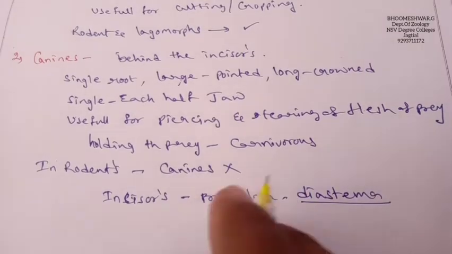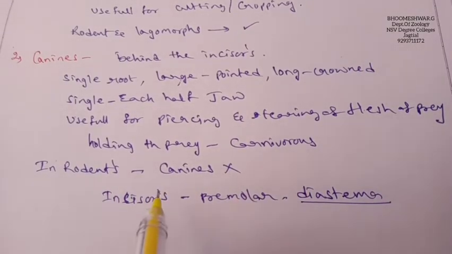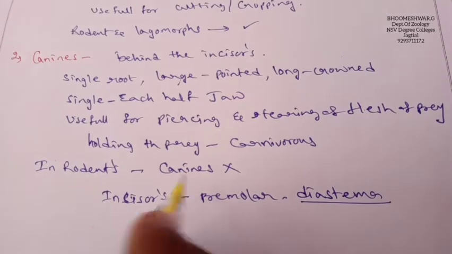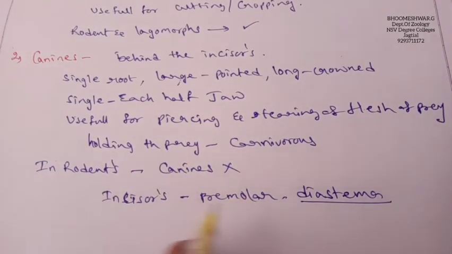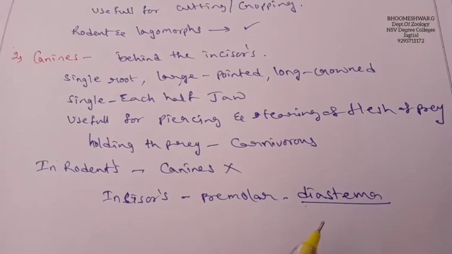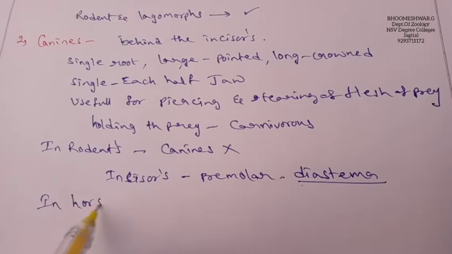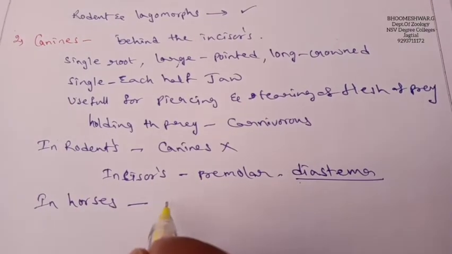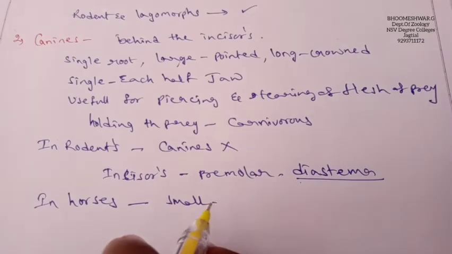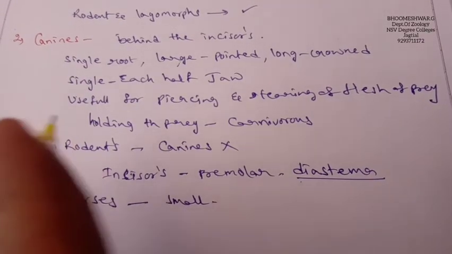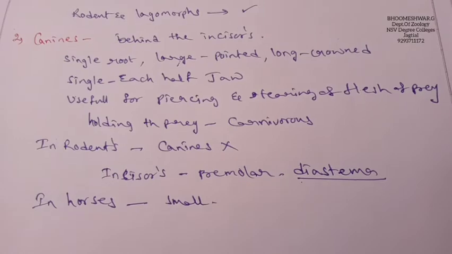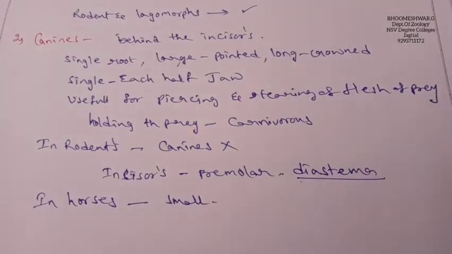Not only the space between incisors and premolars, but any gap within the dental series is called diastema. In horses the canines are relatively very small, and in carnivores like dogs, tigers, and lions, the canines become spear shaped and are useful for piercing and tearing the flesh. So here it is about canines.